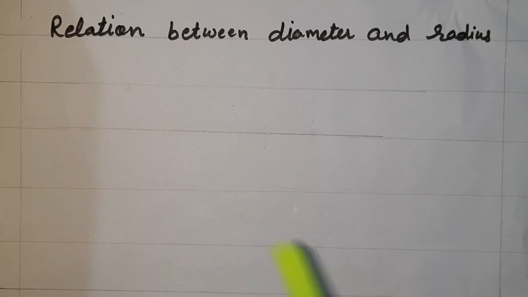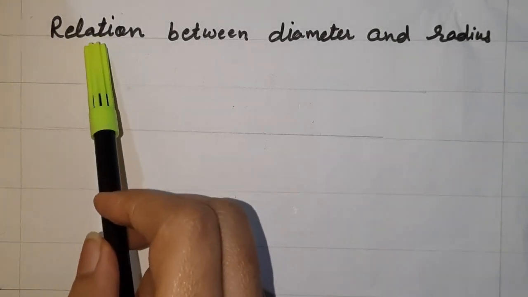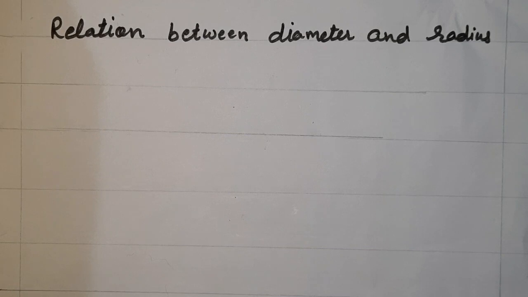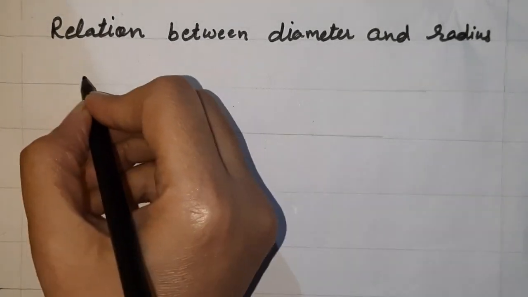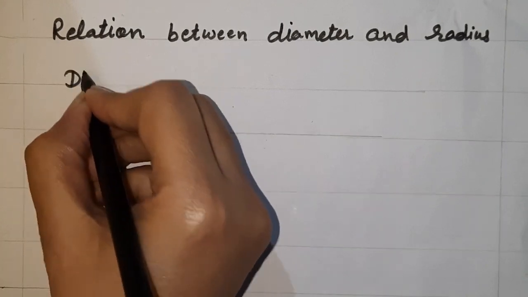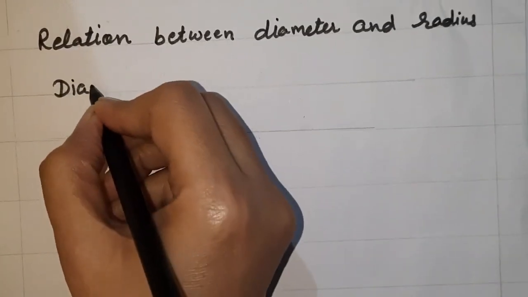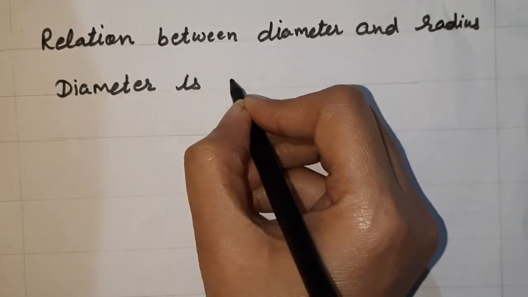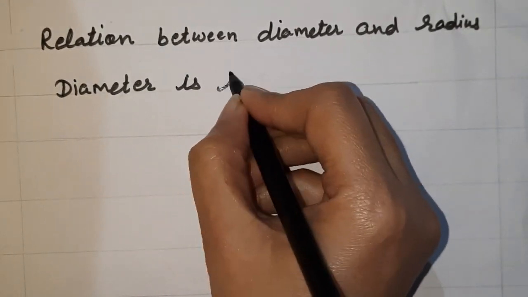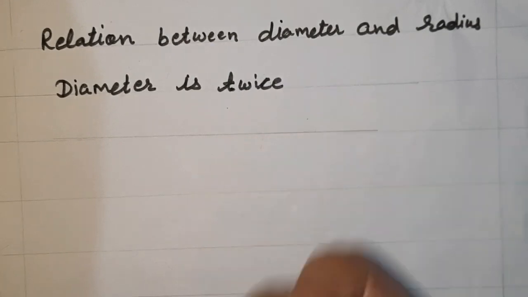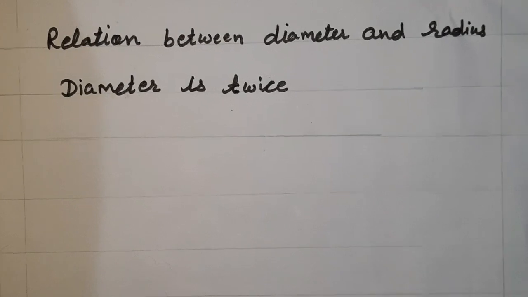Now we will do the next subtopic, relation between diameter and radius. As I told you that diameter is double of radius. Diameter is twice of its radius. Twice means 2 times. Thrice means 3 times.